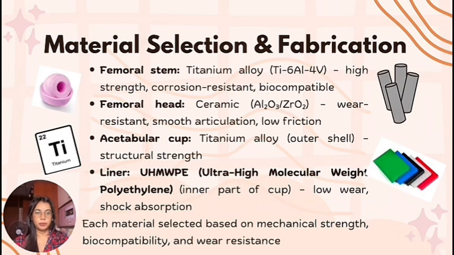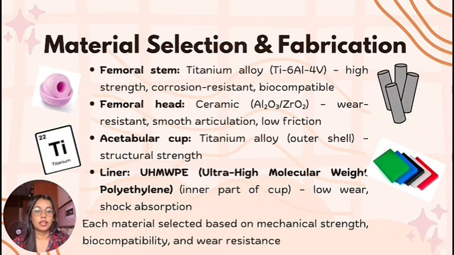I'm Kavitashri Anaparpan K. Tanabalan. I would like to explain about material selection and fabrication. For our hip implant, we selected material for each component based on mechanical performance, biocompatibility, and long-term durability. The femoral stem uses titanium alloy for high strength and corrosion resistance. The femoral head is ceramic, which ensures low friction and wear resistance.